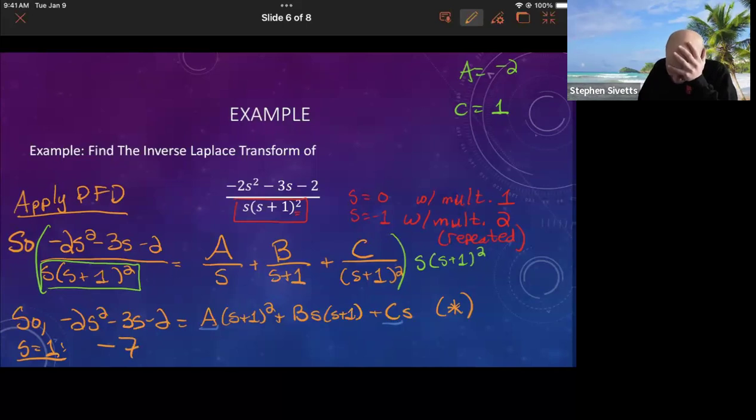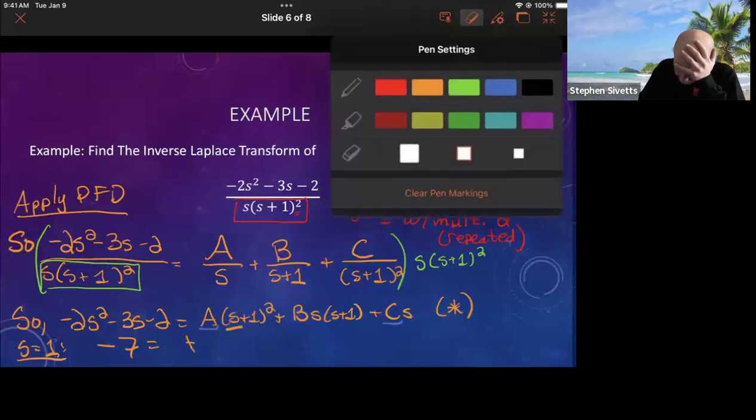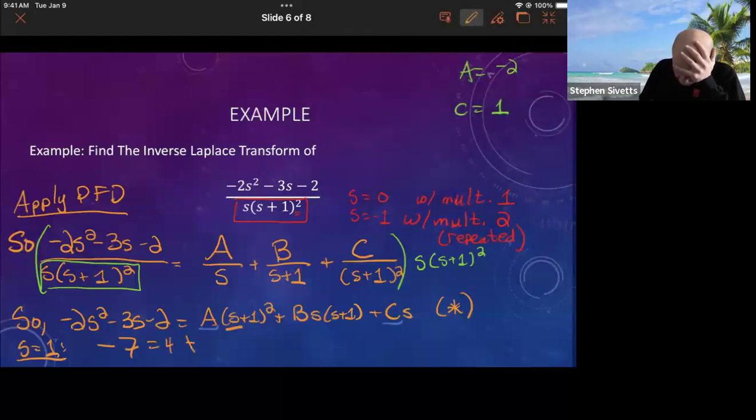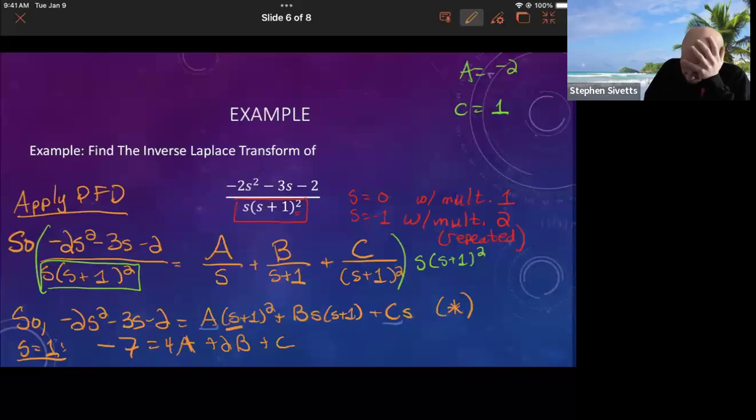And on the right-hand side, we'll have a 2a, and oh shoot, that's a 4a, since it's squared. So it's a 4a, excuse me. And then plus 2b, and then a plus c here. We know that a is -2 and c is 1.